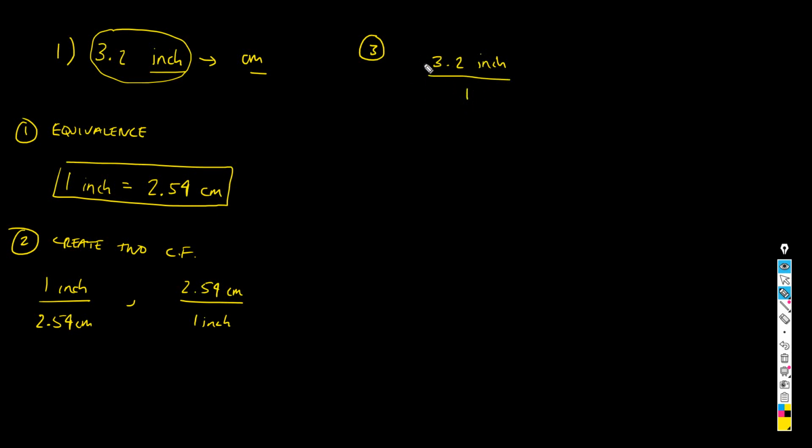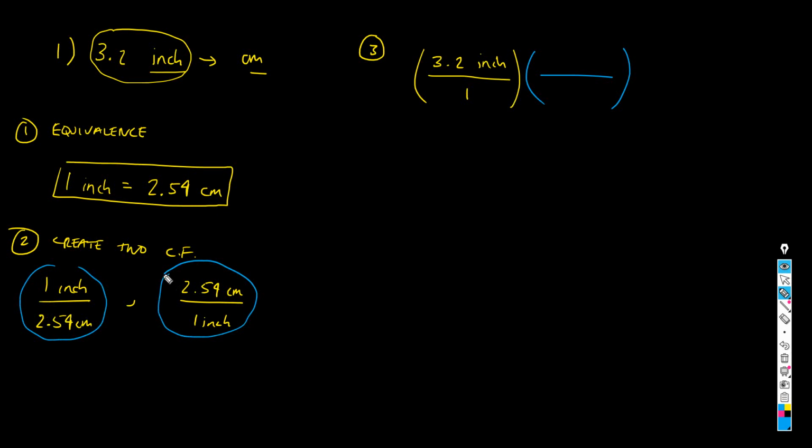So let's do that. Now I'm going to close it in parentheses. You're going to see why in a moment. And the next step, which is a trick, is this. I'm going to multiply this by a conversion factor, which I'm going to write in blue. One of these, either this conversion factor or this conversion factor. Which one am I going to choose?